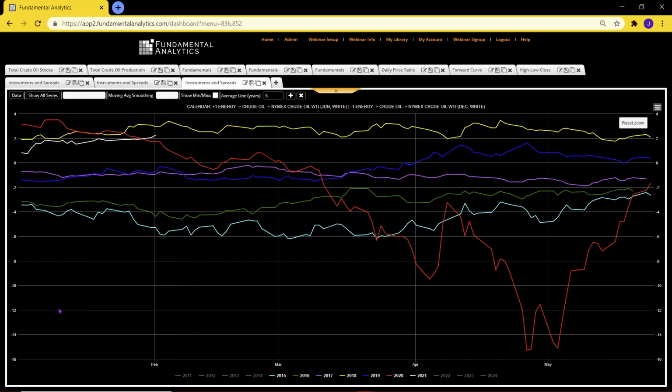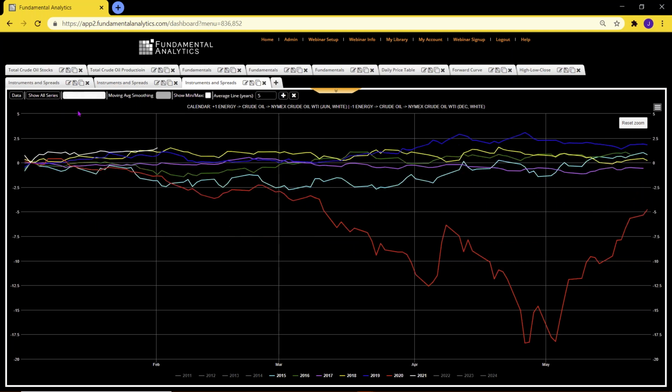Now we have it focused from January to expiration in May, and this is the June contract versus the December contract. We have this feature called absolute change, which allows us to set this at 0 for all the contracts as a way of comparing how they move. Relative to 2020, it's been very narrow.